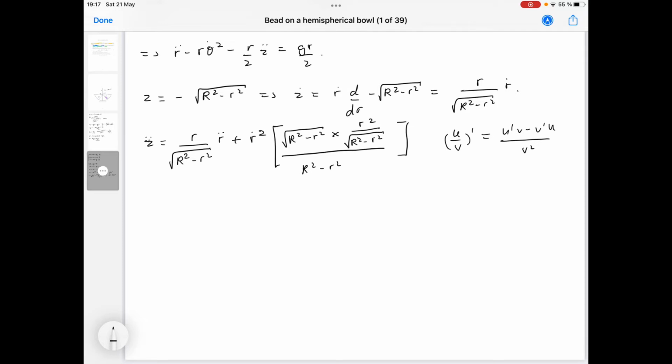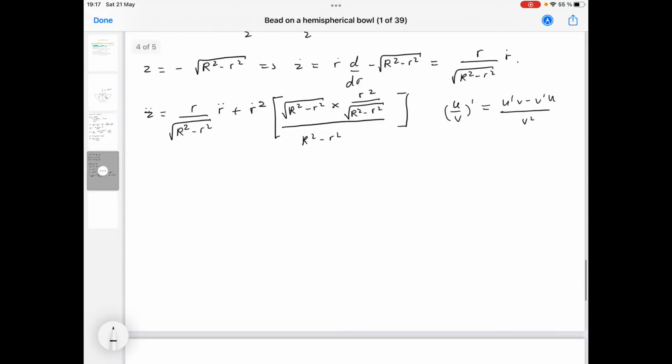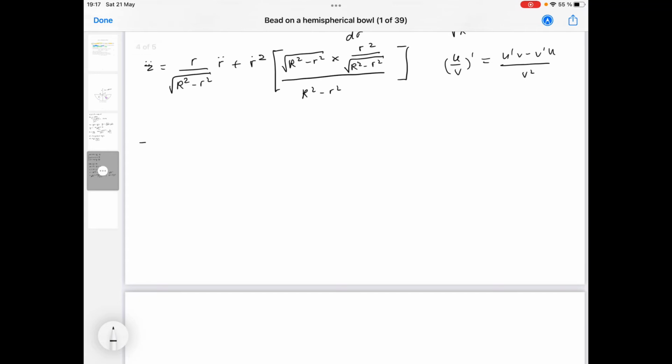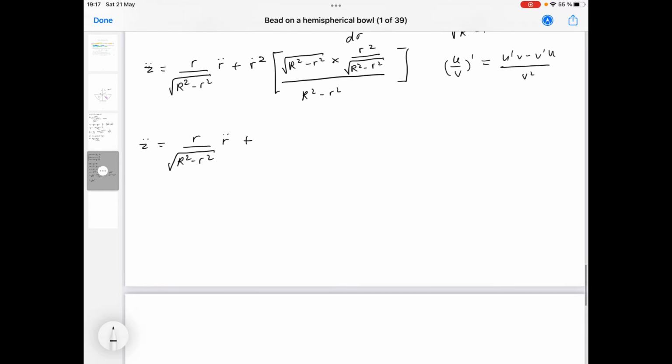I'm just using this rule. And so we see that z double dot is just r over the square root of R squared minus r squared times r double dot plus R squared on the numerator, over R squared minus r squared to the 3 halves, times r dot squared. And so this is our expression for the acceleration.